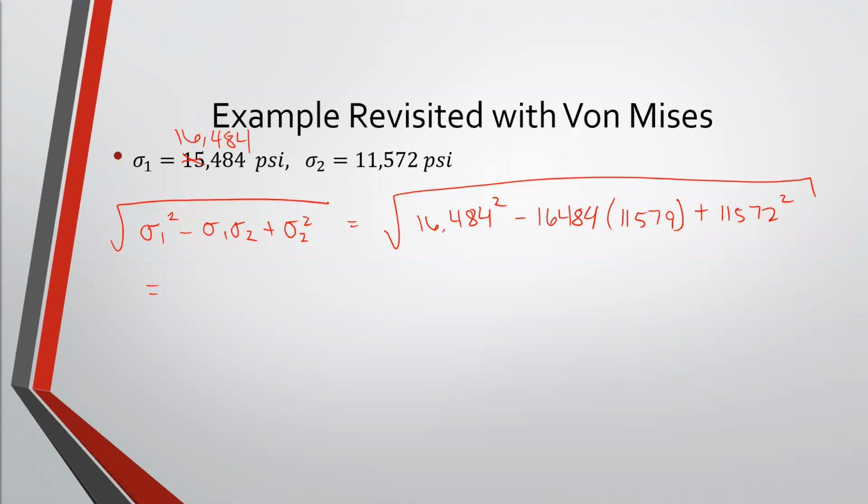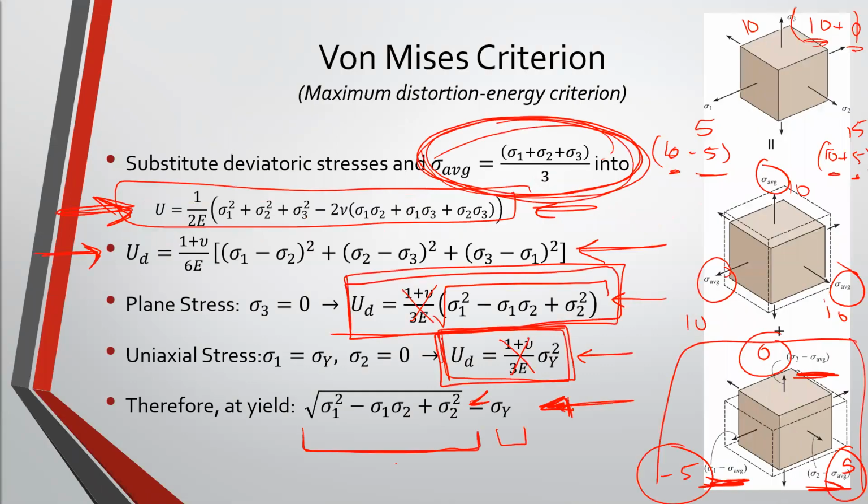So sigma 3 is always 0, right? Okay. When we're dealing with plane stress, sigma 3 is always 0. And in this class, when we deal with von Mises, we will only do it with plane stress. Out there in the real world, you may come across a 3D stress state with 3 components. And then, instead of comparing it to this equation, if you're in the 3D world with all 3 stress components, you would compare this same equation for uniaxial, but you would compare it to this equation here.